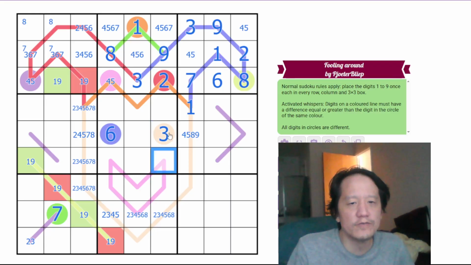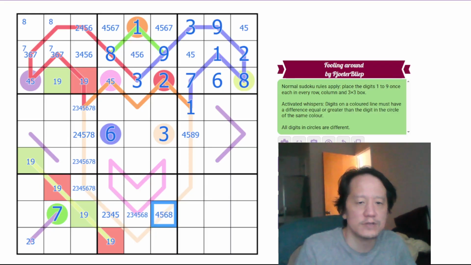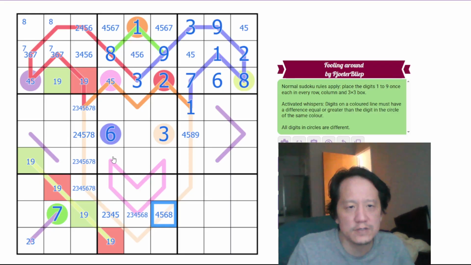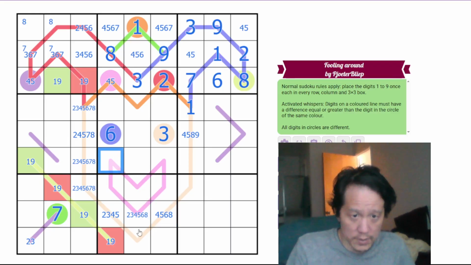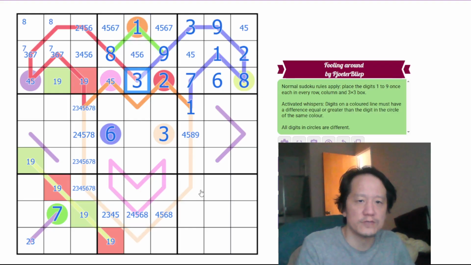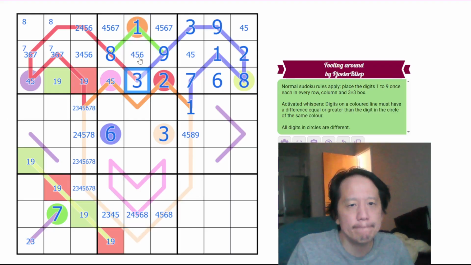We have a difference of 3 for the tan line. This can't be 2 or 3. It's 4, 5, 6, 8. This can't be 3 because of the 3 in the column.